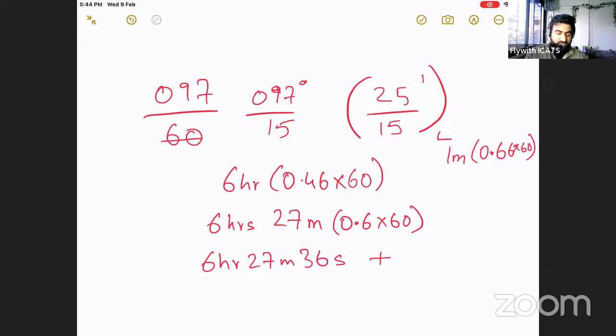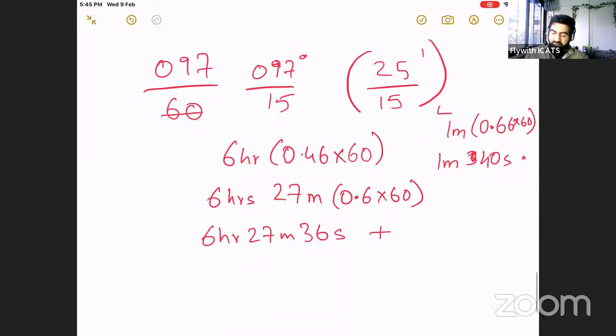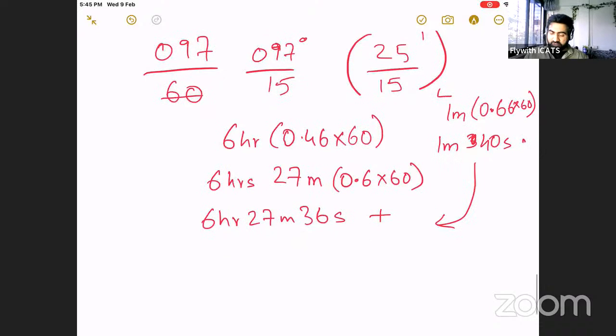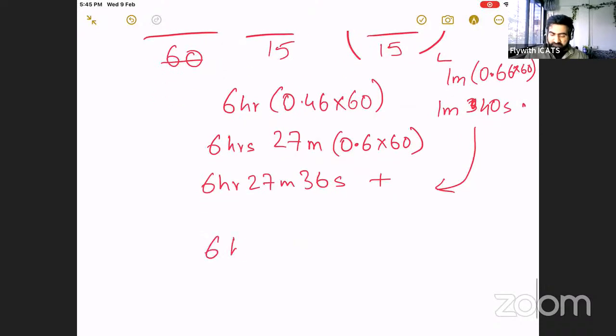It gives me 1 minute and 39.6, so I can take it as 40. 1 minute and 40 seconds has to be added here. How do we add it? 6 hours, 27 minutes, 36 seconds plus 0 hours, 1 minute and 40 seconds.